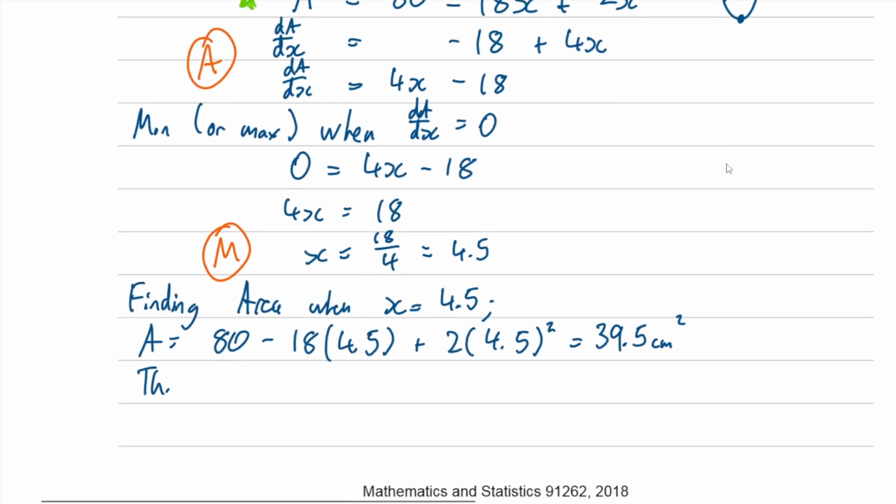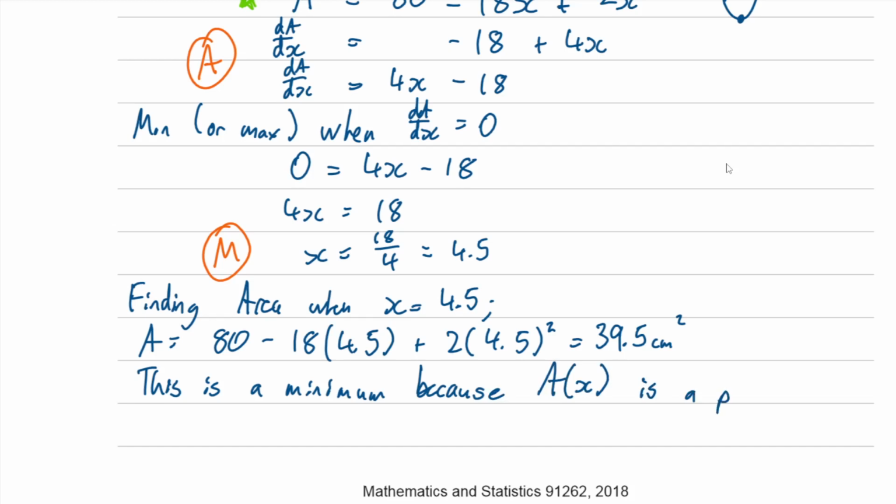So this is a minimum because our equation A, in terms of x, is a positive parabola which only has one minimum.